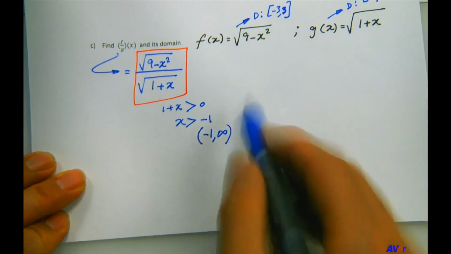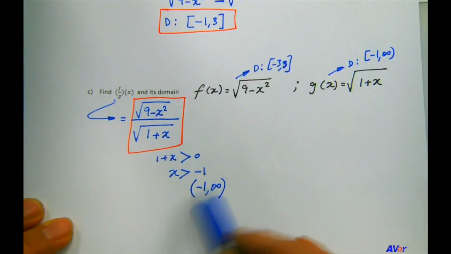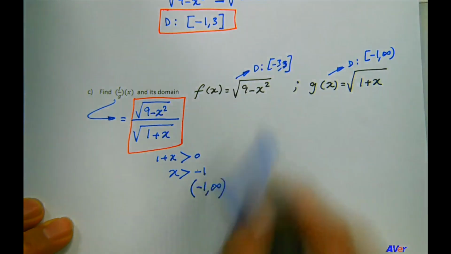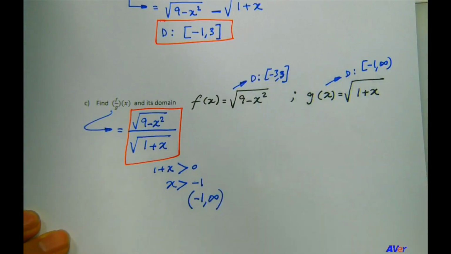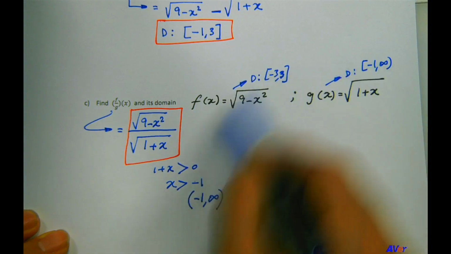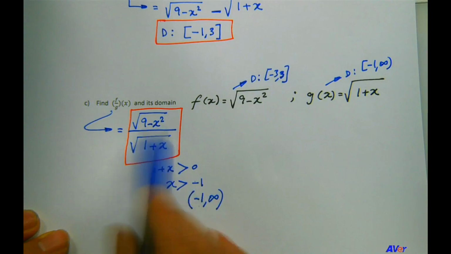So now look at this. Take the intersection of this domain with these other two domains, right? Where do all three domains agree? The domain of the parents and the domain of the combined function.